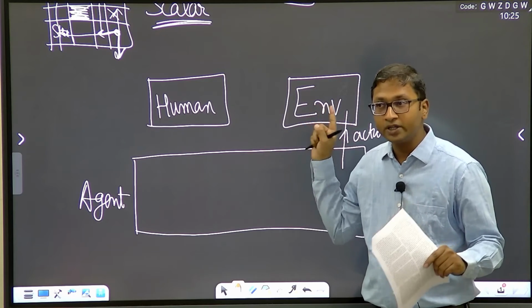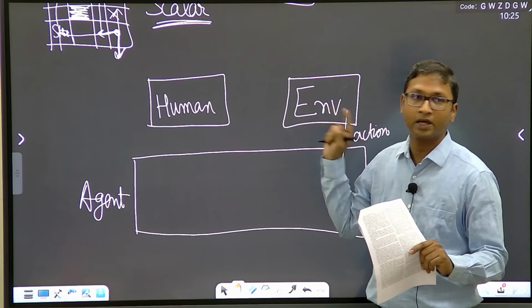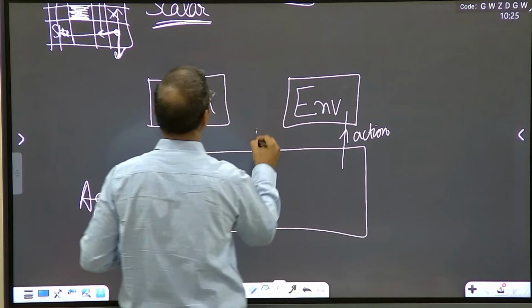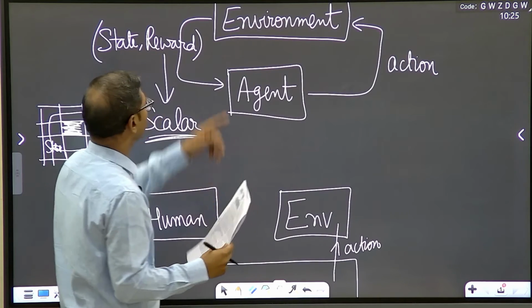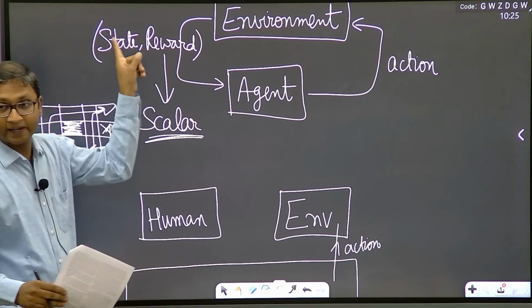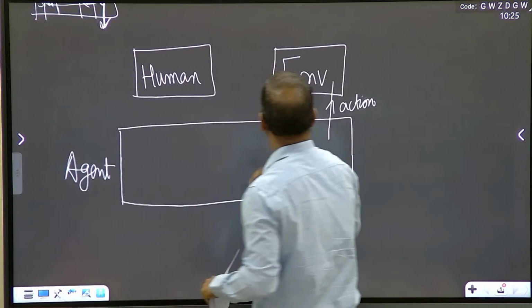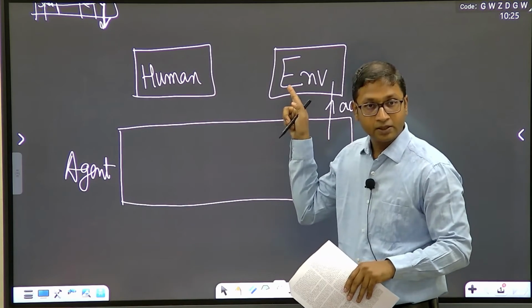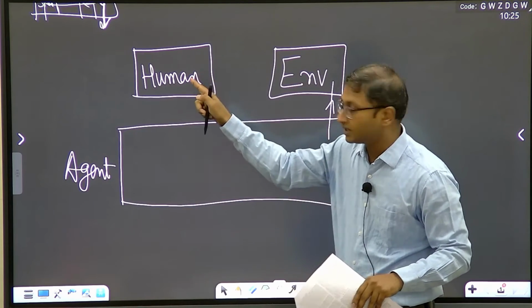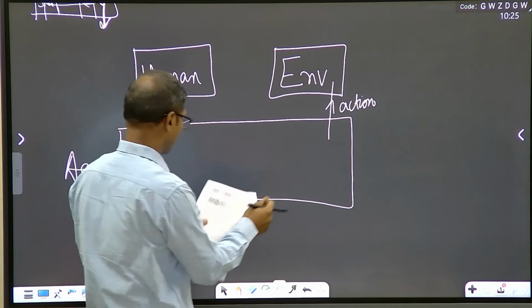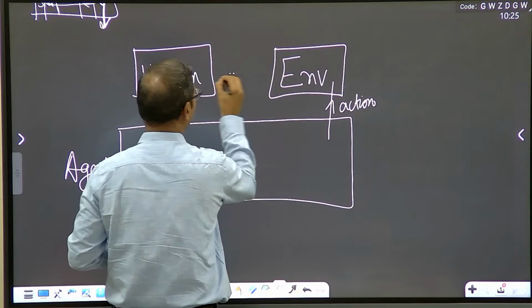But reward is not coming from the environment. So earlier, you see, environment was giving me both state and reward. In this model, environment is going to give me the next state, but the reward is being given by the human being.